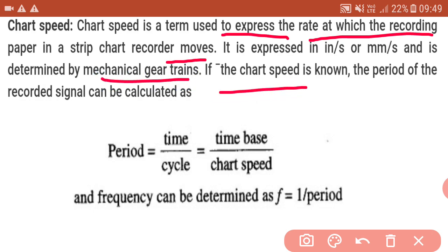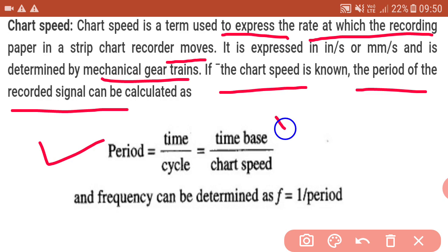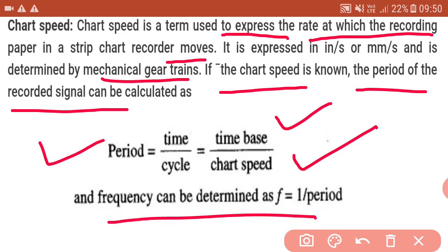If the chart speed is known, the period of the recorded signal can be calculated. The formula is period equals time upon cycle, so it is equal to time based upon chart speed, and frequency can be determined as f equals 1 upon period. So this is all about chart speed.